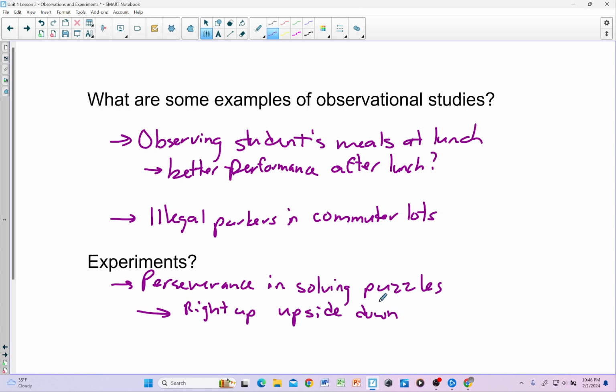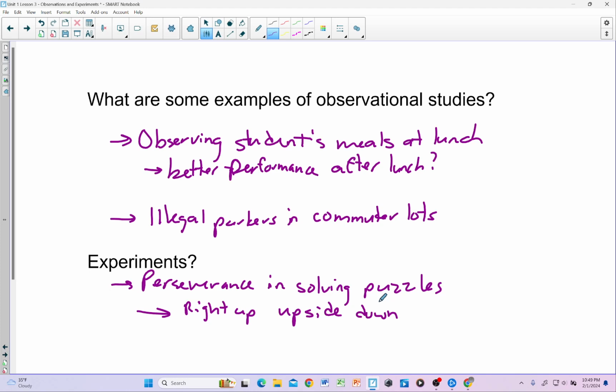Their question was, do people use visual cues on the puzzle pieces when solving a jigsaw puzzle? They had a 20-piece puzzle, and if you solve it upside down, all the pieces are white, so you have fewer visual cues to help you. And they found, as you can imagine, that solving the puzzle right side up generally led to better results.